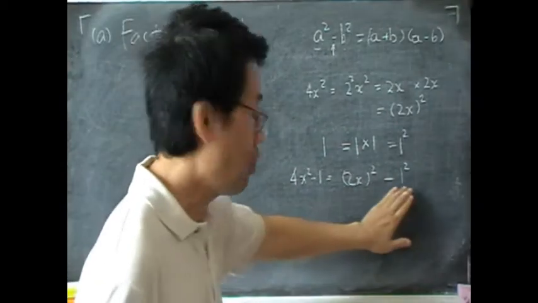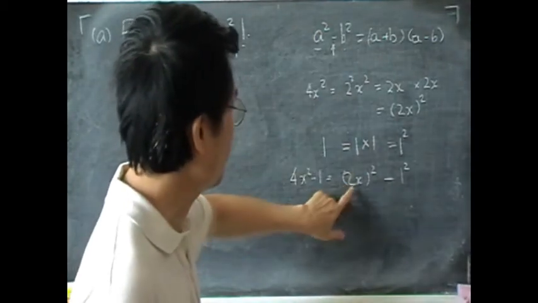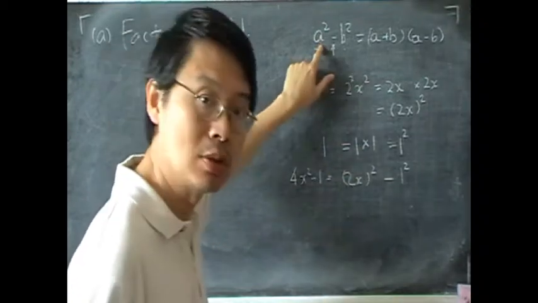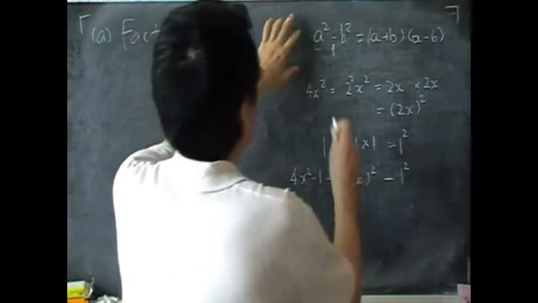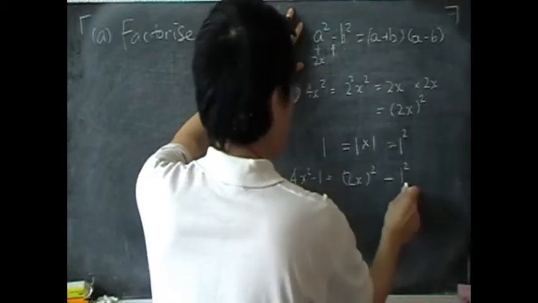So with this form, now we can make use of the formula if we say that 2x is a. So I'm going to take the a there as 2x and b is the 1.